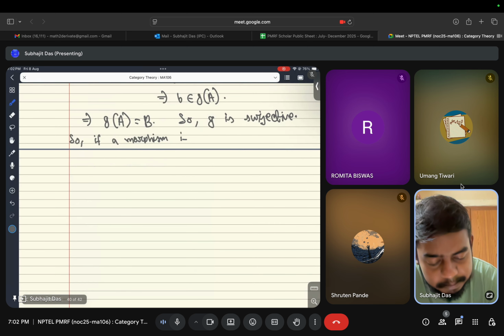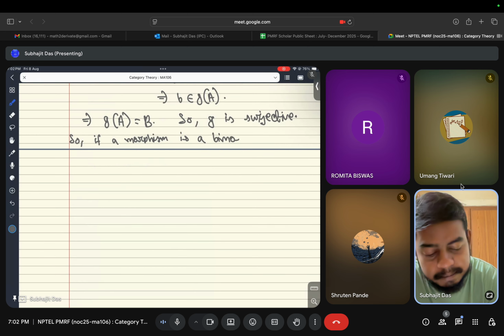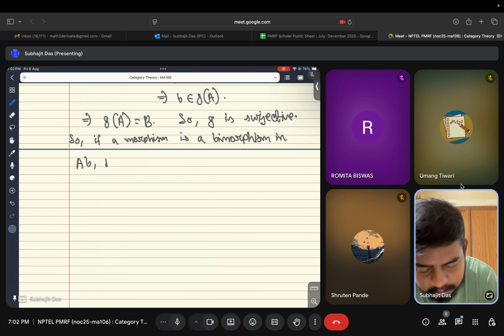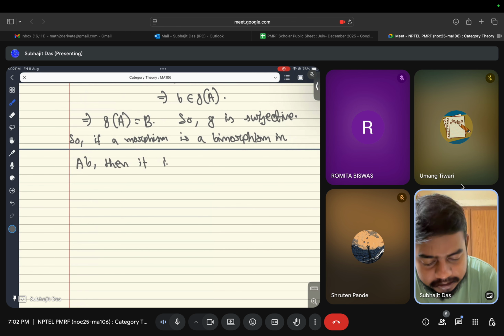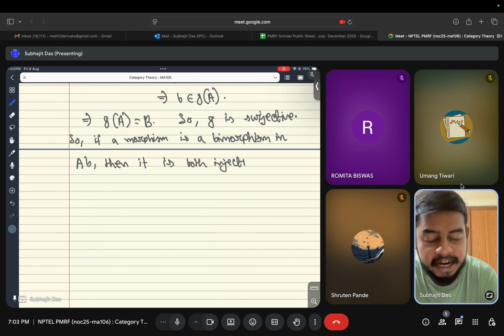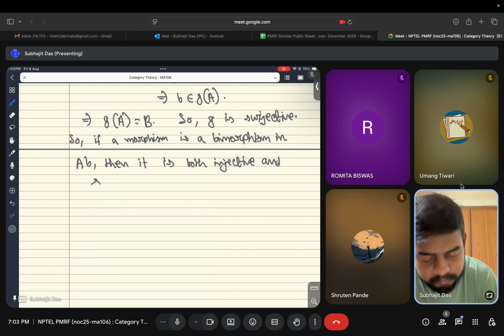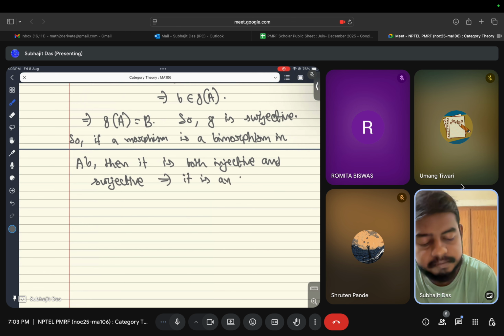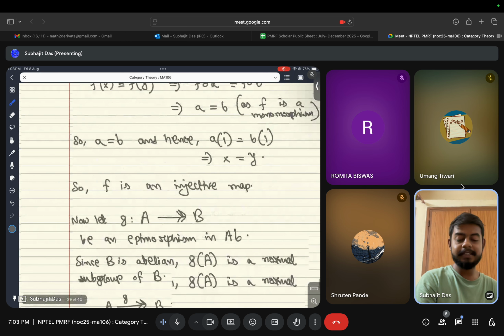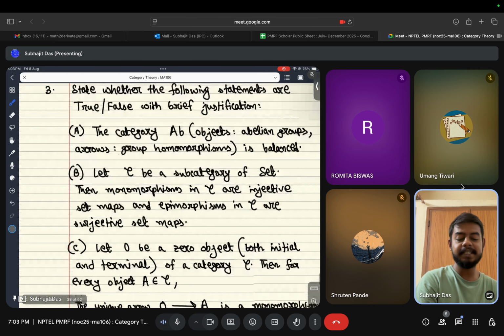So if a morphism is a bimorphism, that is both mono as well as epi in AB, then it is both injective and surjective, which implies that it is an isomorphism. That's all. So the first statement is true. Statement A is in fact true. It's correct.